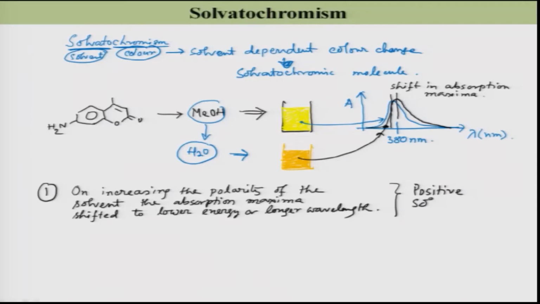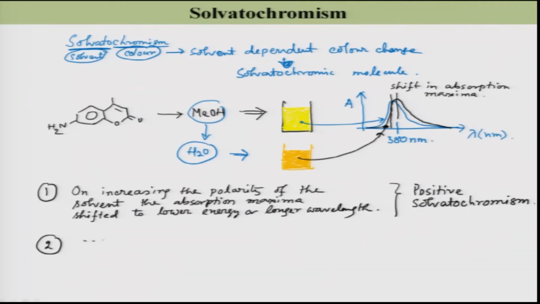positive solvatochromism, and the other one is just opposite. The second one is just opposite the first one, that is on increasing polarity of the solvent, the absorption maxima shifted to higher energy or the shorter wavelength, right.